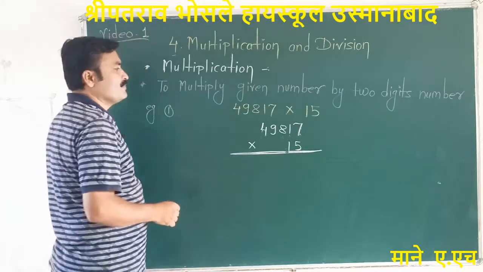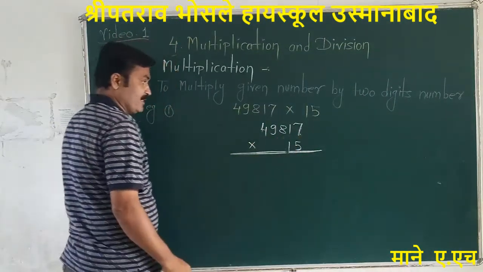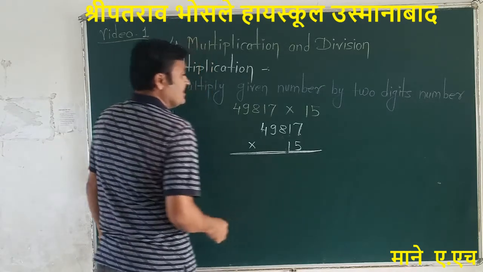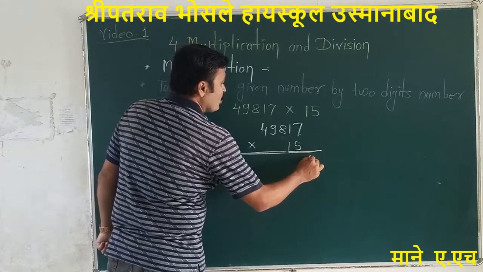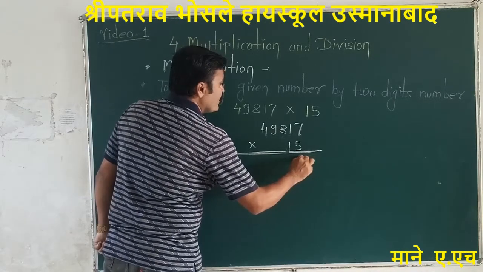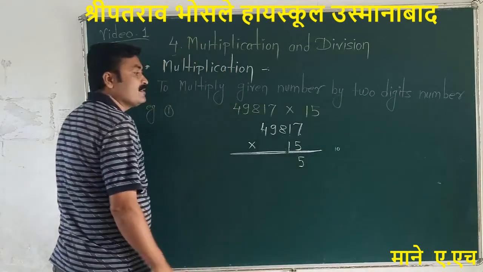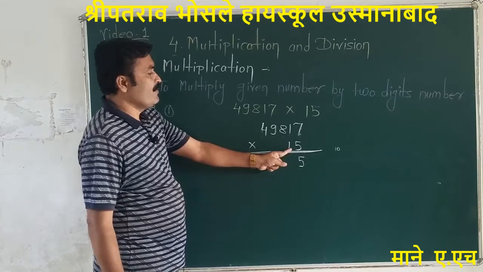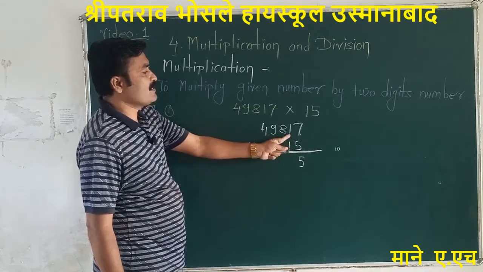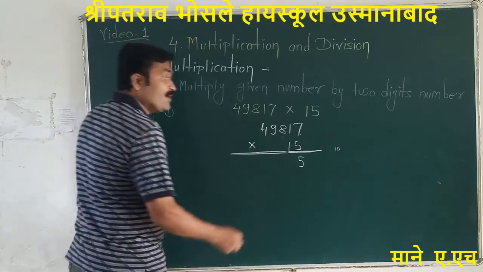So starting from 7, the ones place. 15 into 7, 15 sevens are 105. For 105, we write 5 here. This 10 is taken as a carry into the next multiplication. Next, 15 into 1, 15 ones are 15, 15 plus 10 is 25.